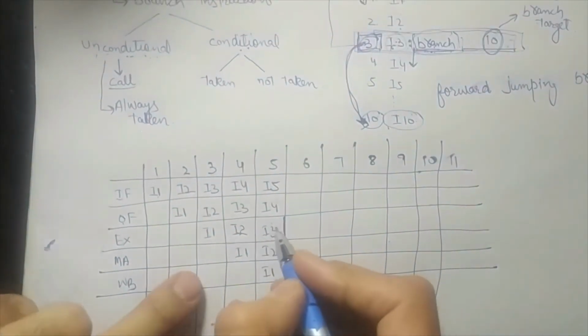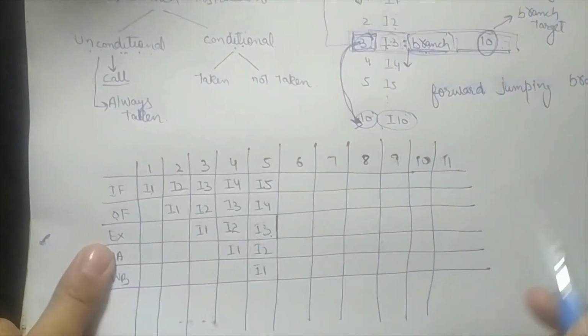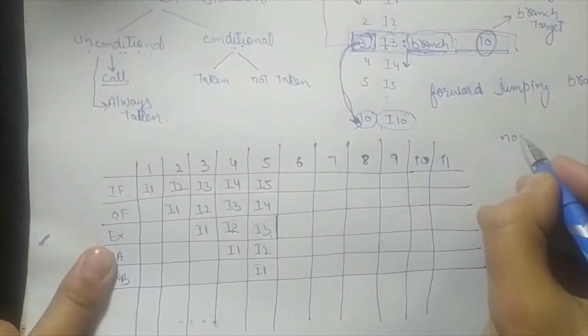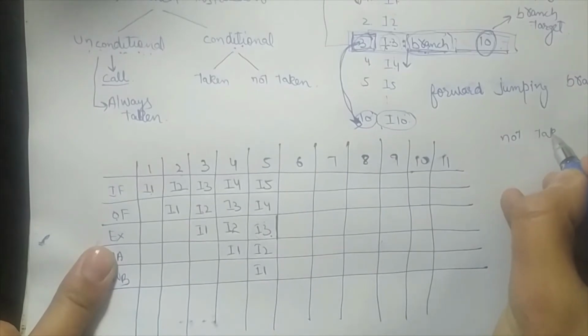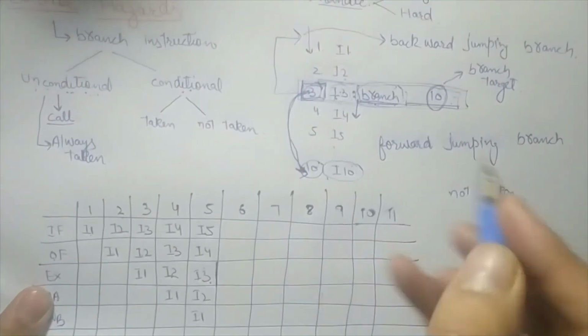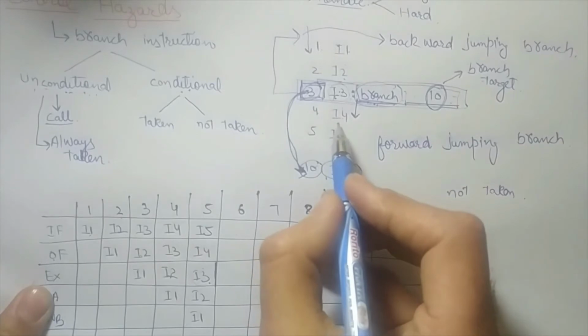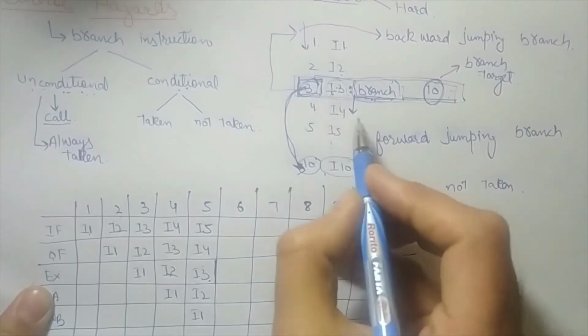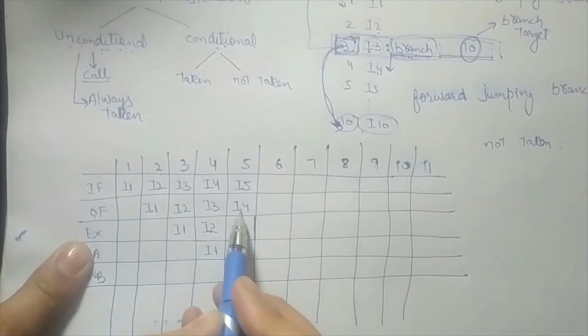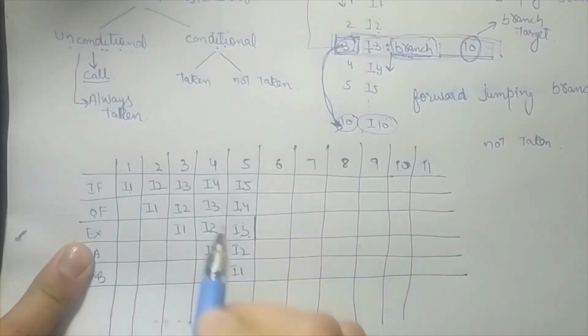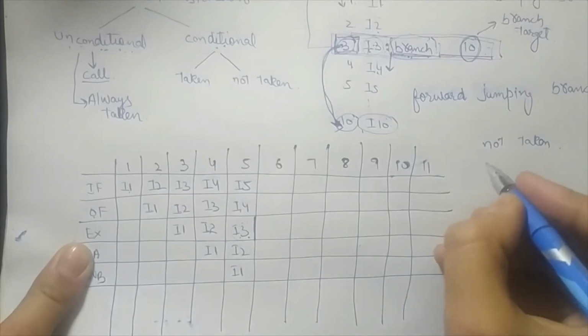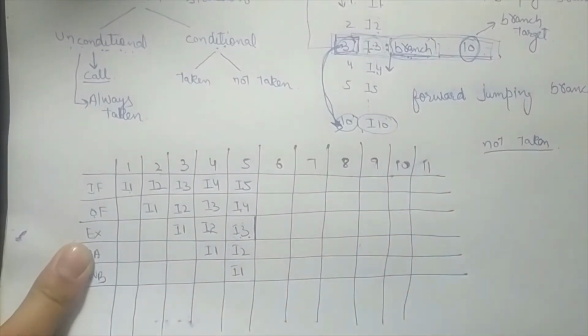So at the execute stage, let's say the branch is not taken. If the branch is not taken, then what should have been the next instruction? The next instruction should have been I4, and we can see the next instruction is actually I4. But this is a scenario when the branch is not taken.